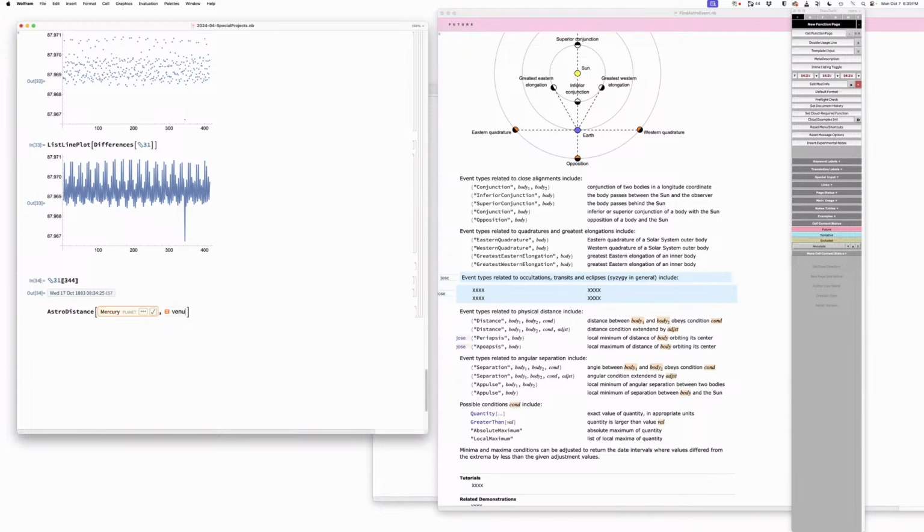Mercury to Venus. And then what we want is over the period, let's say, the date of Venus. Okay, so let's say from 1875. No, do year.